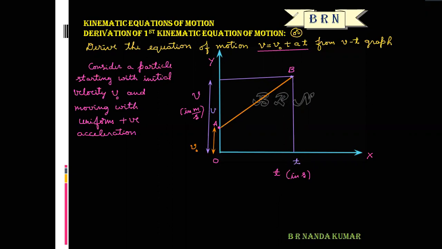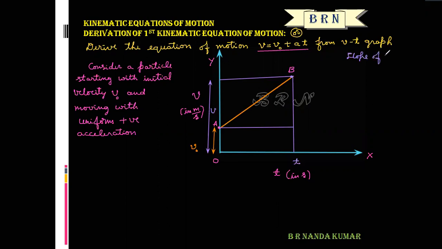So actually here we have to find out the slope. The slope of VT graph gives which physical quantity? The slope of VT graph gives the acceleration. Is it not?